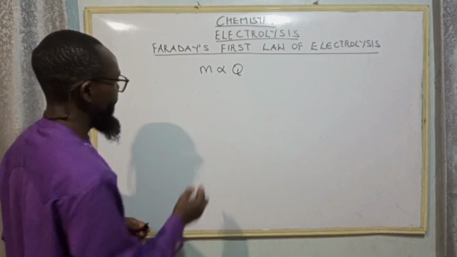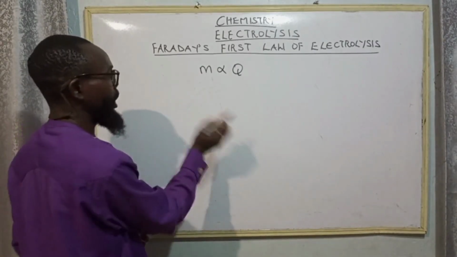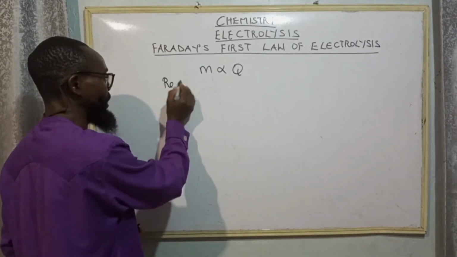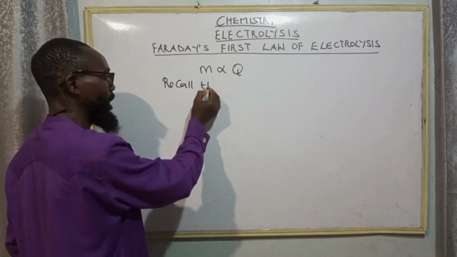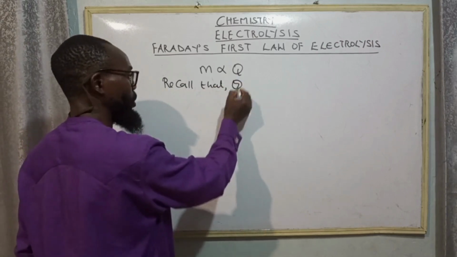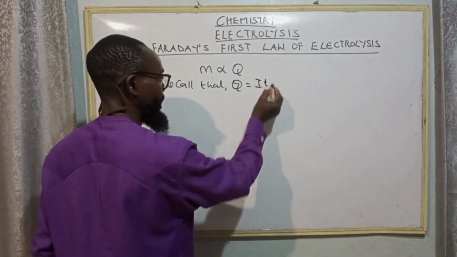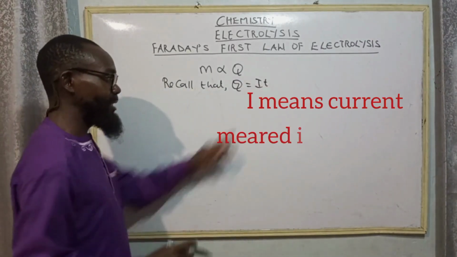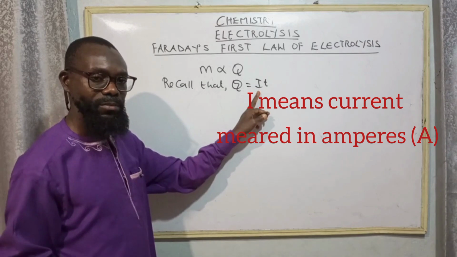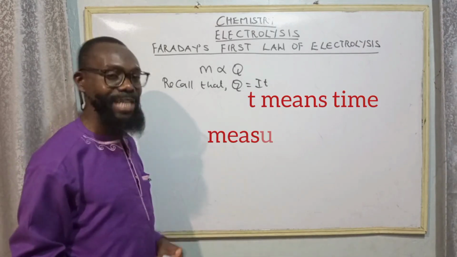If we could recall from our physics, Q, quantity of electricity, is equal to IT, where I means the current and T is the time taken.